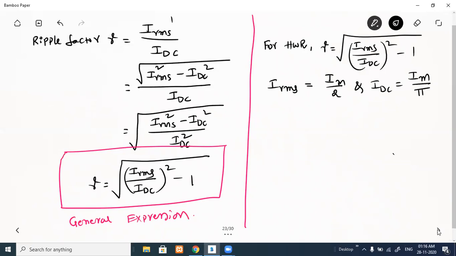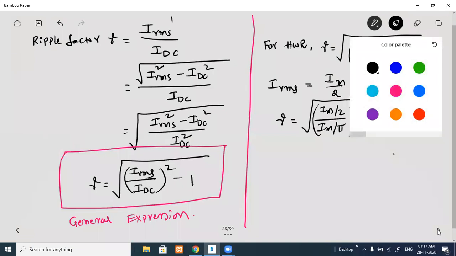Substitute these two in the general expression, then gamma is equal to square root of (IM by 2 by IM by pi) whole square minus 1.